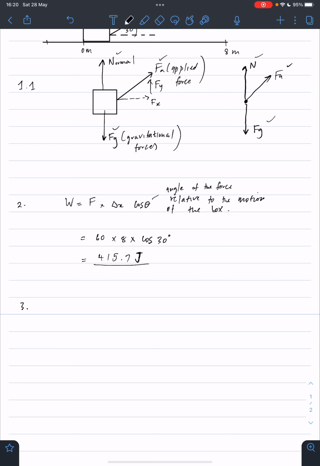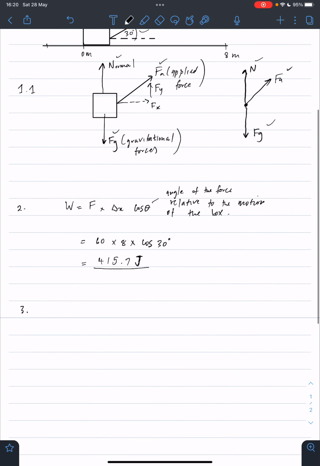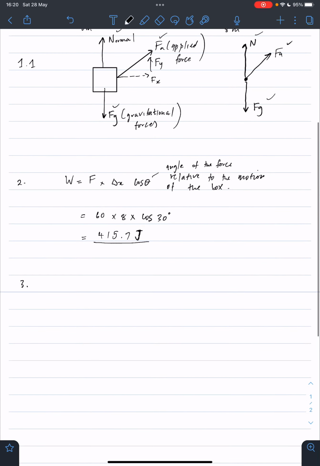Then the third question says, does the gravitational force do work in this case? As we know, according to physics, work is done in moving an object only if the object actually moves.